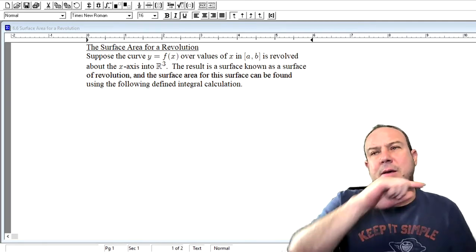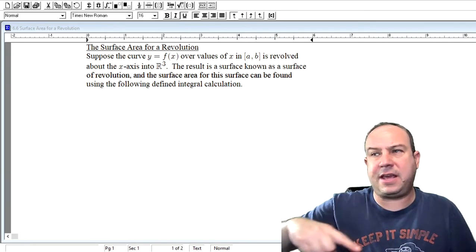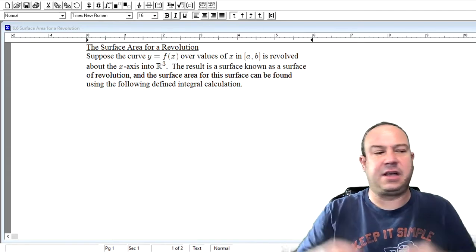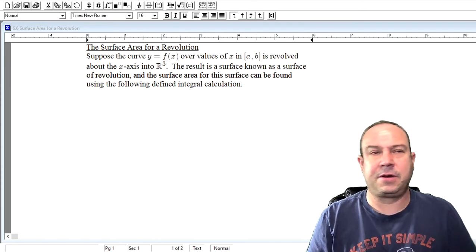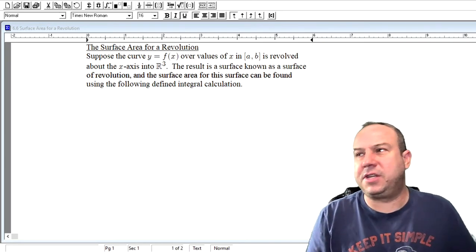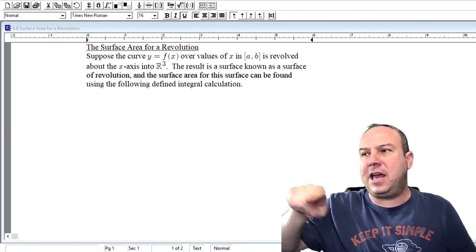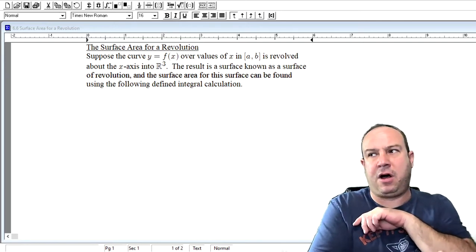Taking a curve along the x-axis and revolving it around the x-axis in three-dimensional space is going to form this surface of revolution, folks. And what we're going to be interested in is finding the surface area for that lateral edge, for the edge formed by that curve that's being revolved.